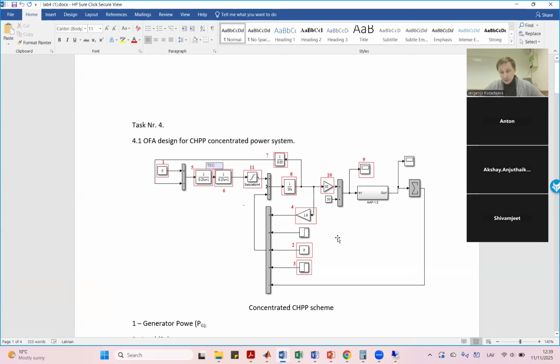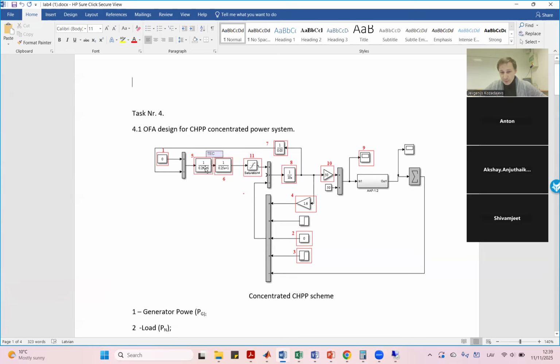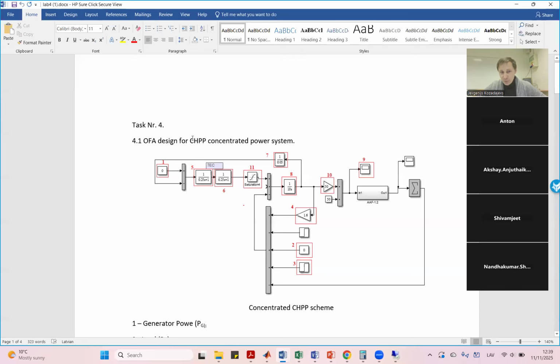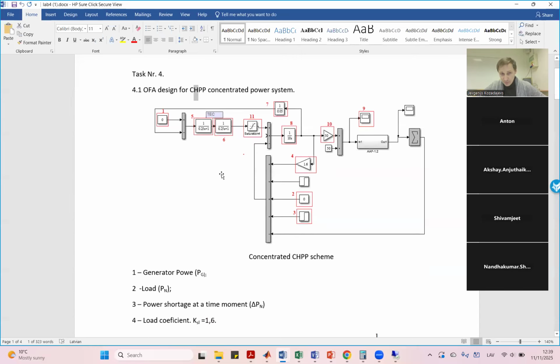The main difference is that in lab number 1 you have a hydropower plant type generation, this part. For this example, for you, this is CHPP type generator.